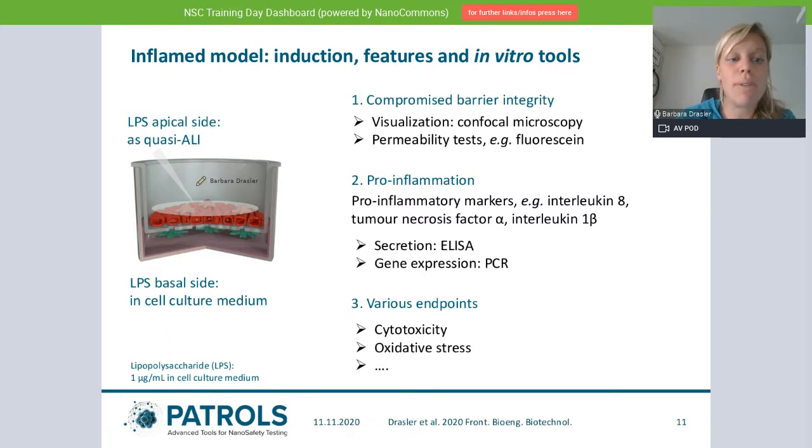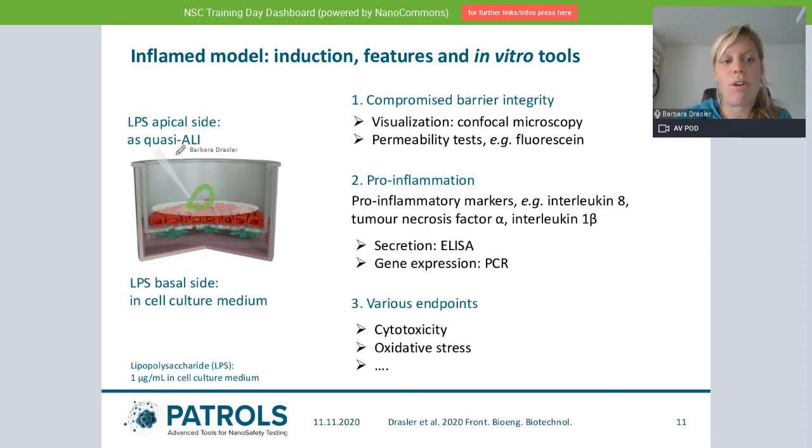If we start with the apical side, this means from the top of the model, we apply LPS only as a thin layer of dispersion on top of the model. Why is this important? So that this liquid really evaporates and air-liquid interface conditions are preserved. Again, I'm pointing out that in lung research, this is very important.